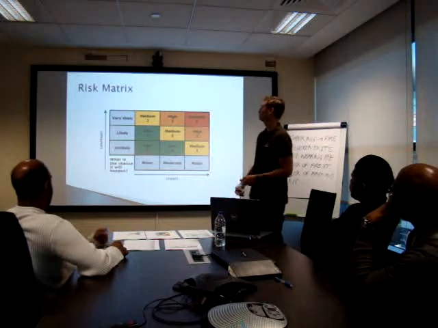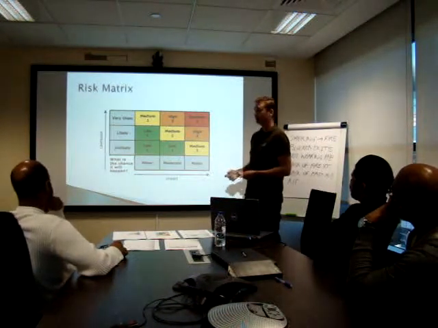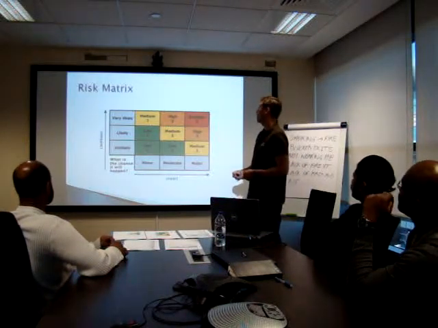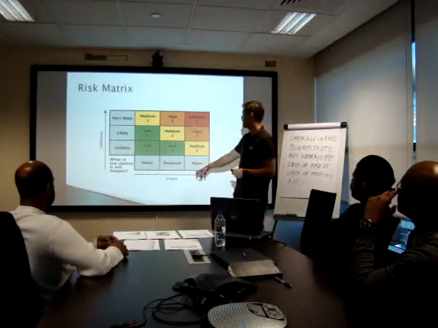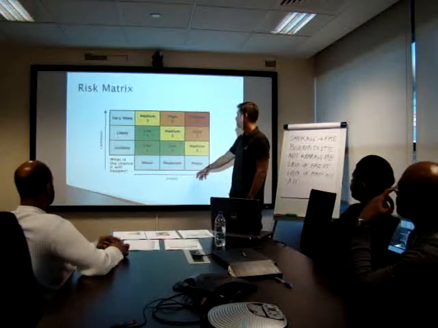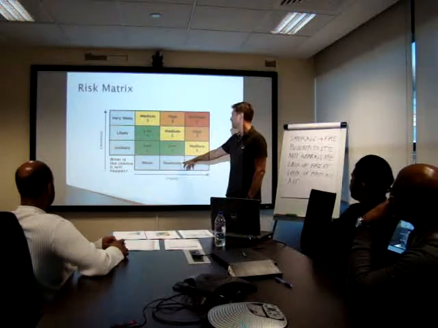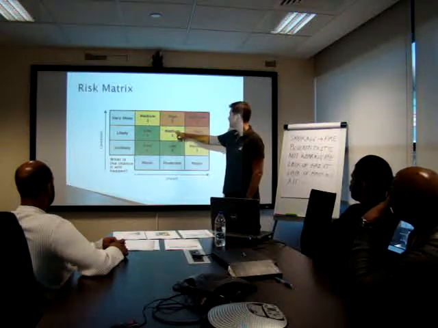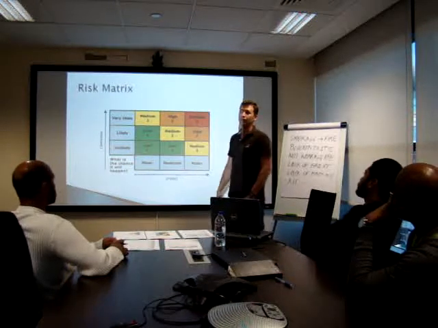So we have a look and we say, well, it's quite likely if I walk on that wet floor that I might slip over. And what's the impact if I do slip over? Well, it's moderate, I think. There's a moderate chance that I'm going to injure myself. So we go up, we go across, likely, plus moderate. That's right, Stephen, it's medium 2.